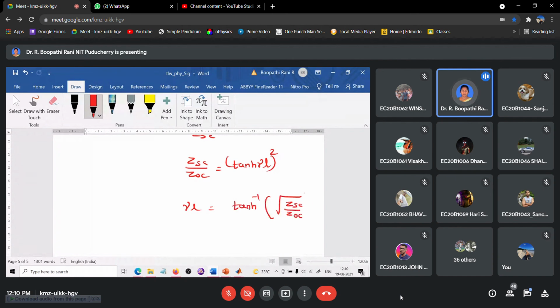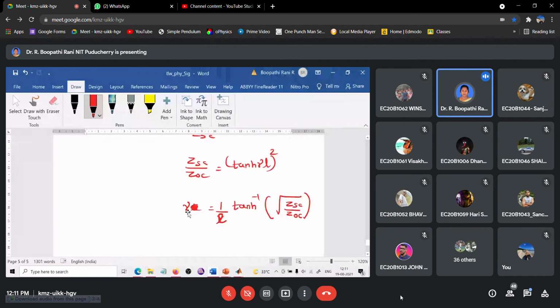And we are interested in only the primary as a secondary constant. So this L can be taken to the denominator like this. Okay, so this is the expression for propagation constant.